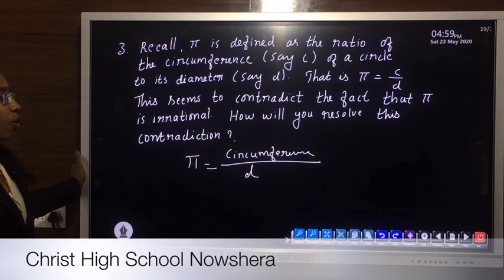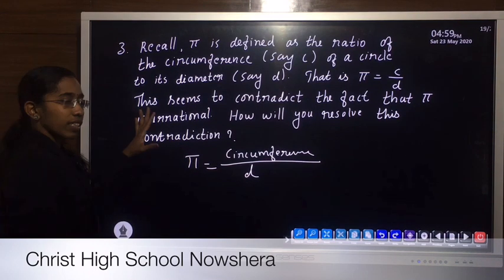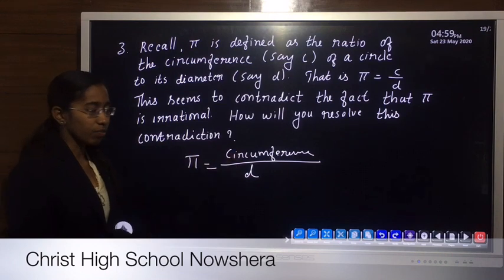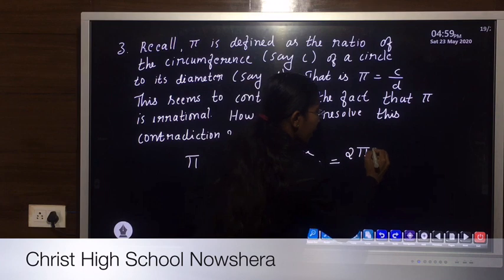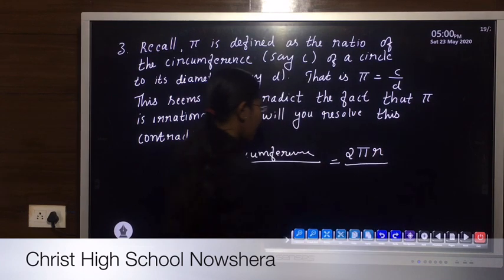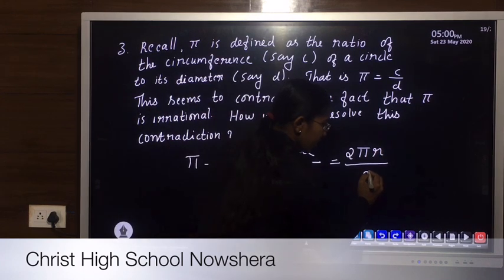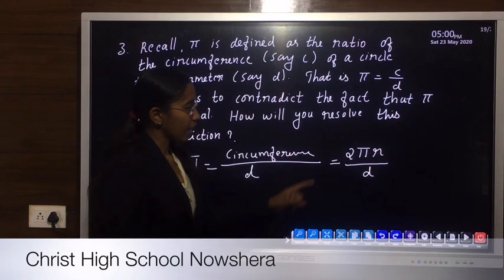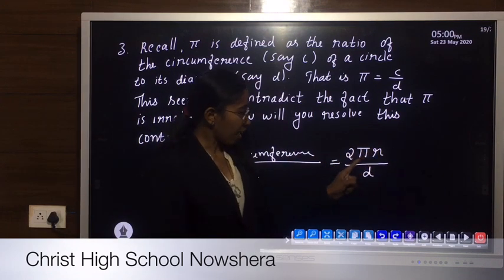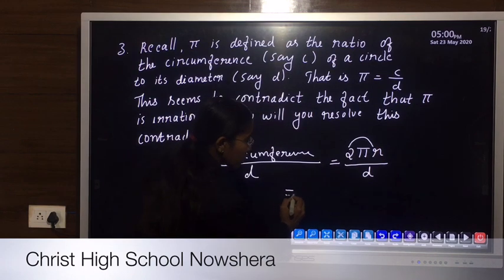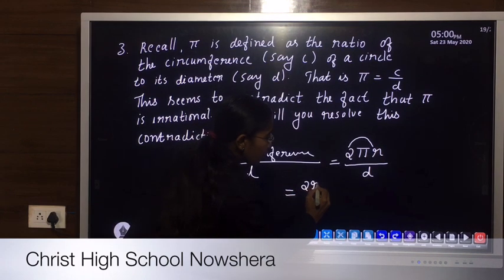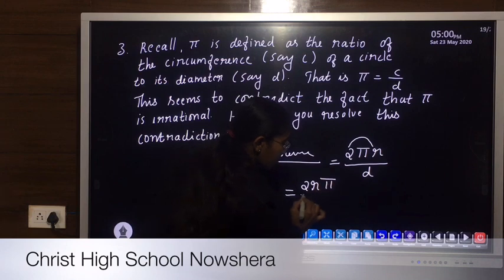This seems to contradict the fact that pi is irrational. Is it? There is no contradiction, because what is the equation of circumference? That is 2 pi r divided by diameter d. In 2 pi r, 2 into r, I just rewrite this equation like this: 2r pi by d.